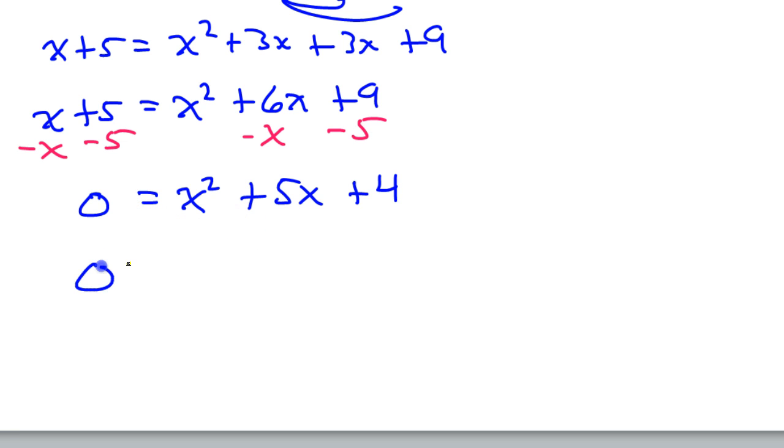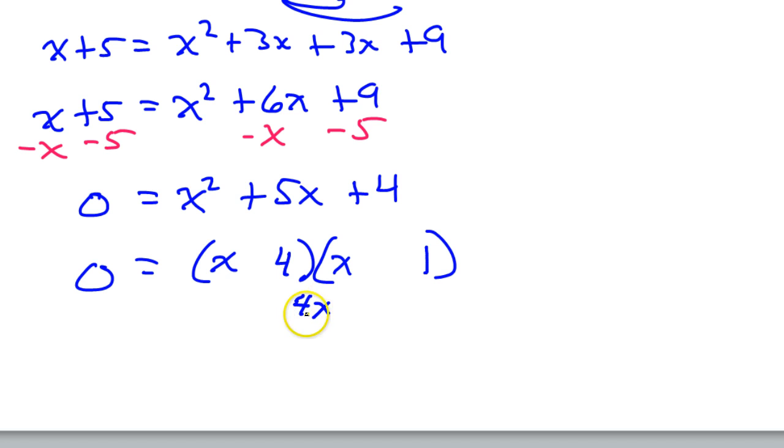Okay, let's see if this is factorable. x squared is x times x. Alright, 4. I'm thinking 4 times 1, because I'm trying to get the middle. Inner plus outer equals middle. Right now I have an inner of 4x and an outer of 1x. So if I just leave them positive, that'll give me the 5 that I need, and it'll give me a positive 4.